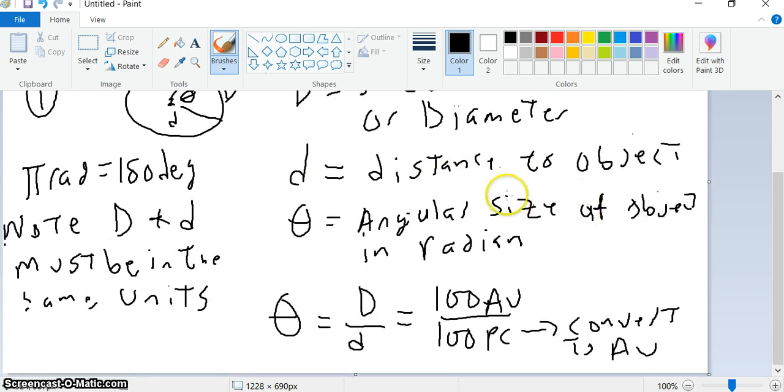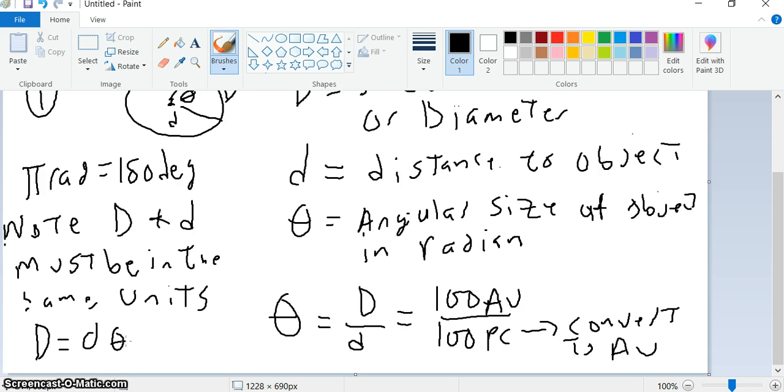So the relationship is that capital D is equal to the distance to the object times the angle that it makes up.